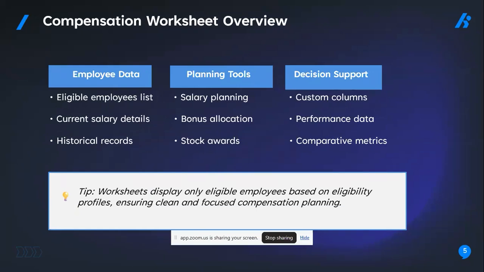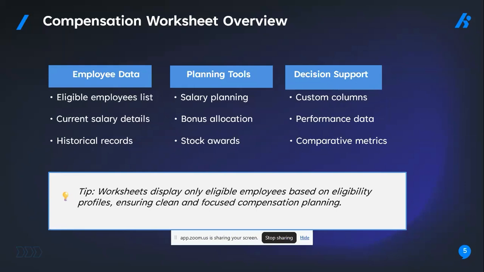Planning tools. This is where the action happens. Within the worksheet, managers can plan salary increases, allocate budgets, and manage stock awards. All of this happens in one place with real-time validation against the budget and rules. Decision support.